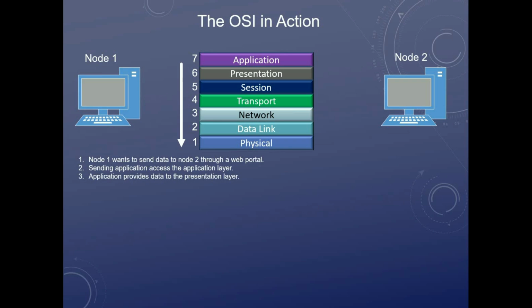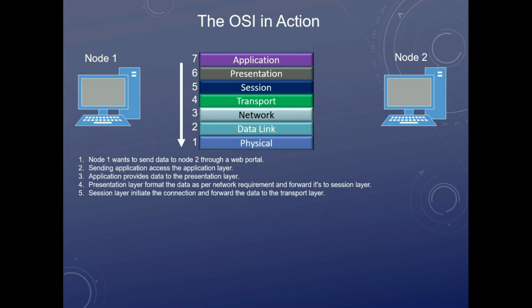The application layer is going to send that data to the presentation layer. The presentation layer is going to format it, set it up into the type of data that it is, and send it to the session layer.